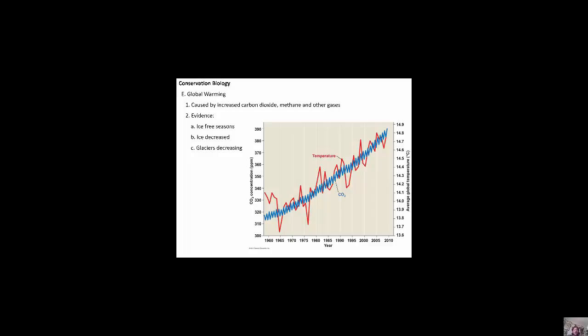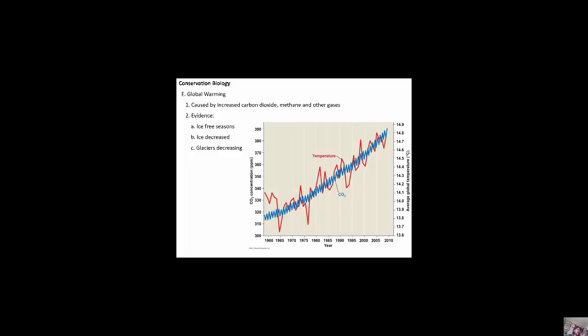Okay, so there's a ton of evidence for global warming. Global warming is the term for what's happening to global average temperatures. What global warming is causing is climate change, right? We're getting big fluctuations in climate all over the place.